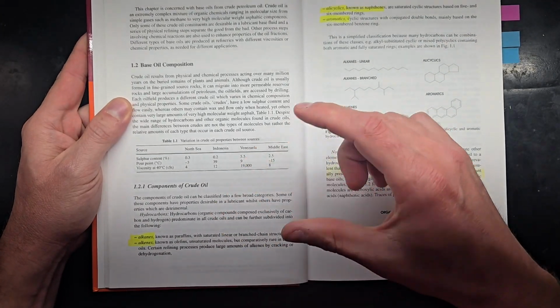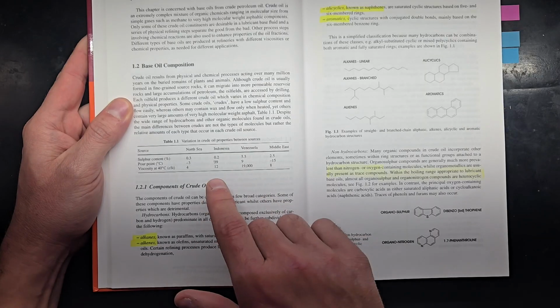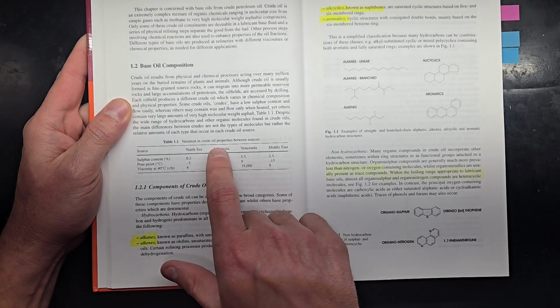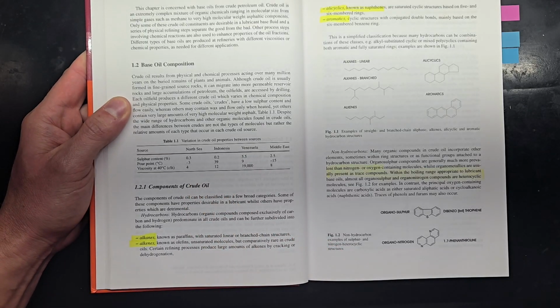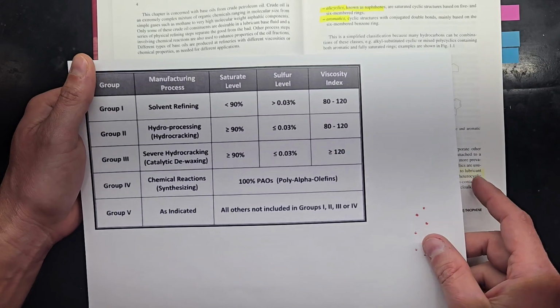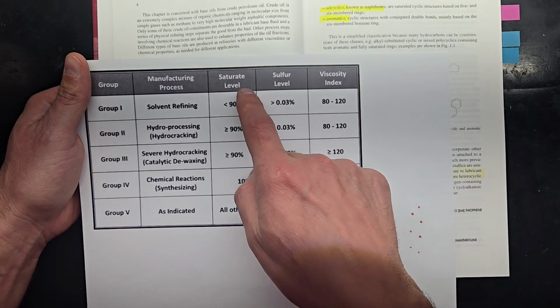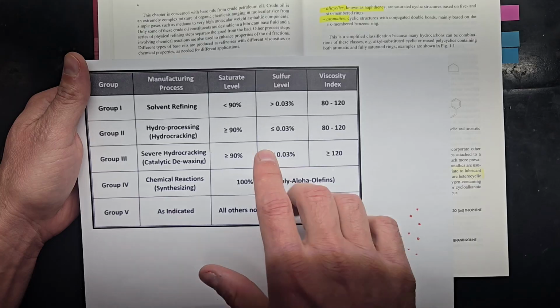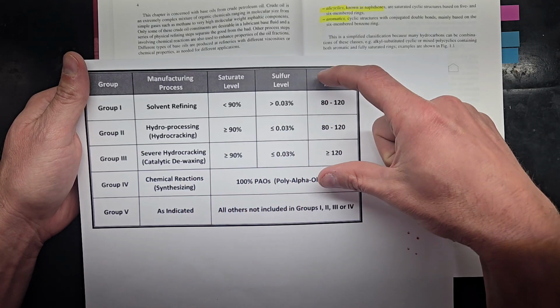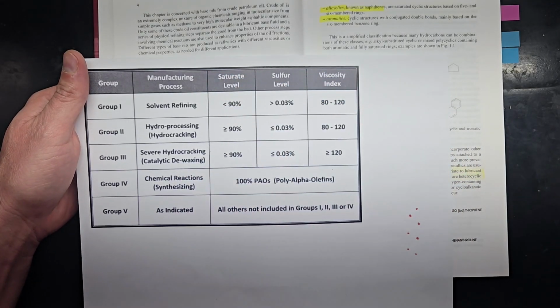So here, in a generic sense, is the variation of crude oils between different sources. Going back to this table, we can see the saturate level and the sulfur level also help define the type of oil or the group of oil that you're working with.